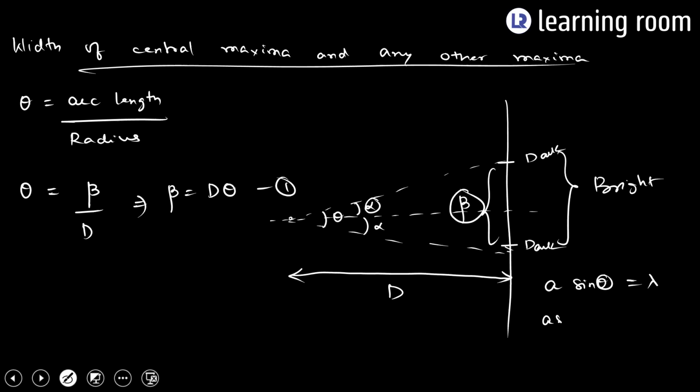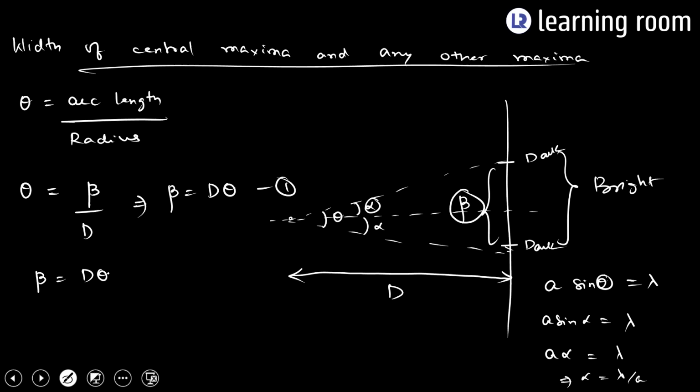So A sin alpha is equal to lambda, but the value of alpha is going to be so small that sin alpha can be approximated to alpha itself. So A into alpha is equal to lambda, which implies alpha is equal to lambda divided by A.